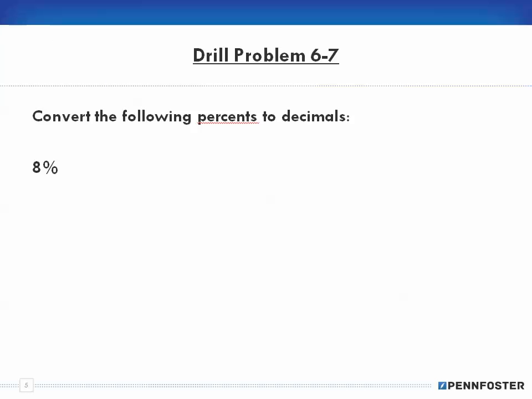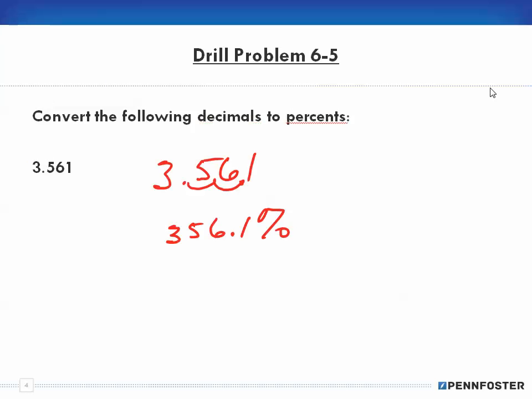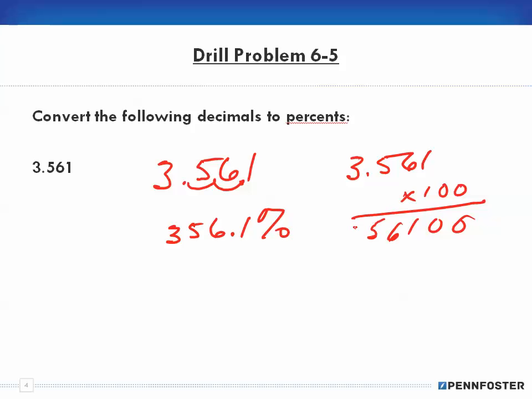6-7. Okay, now this is the opposite. Whereas when we're going from decimals to percents, we are multiplying by 100, with 0.1653, and since this is 1, 2, 3 places here, we end up with 356.1%, but that's because I am multiplying by 100.